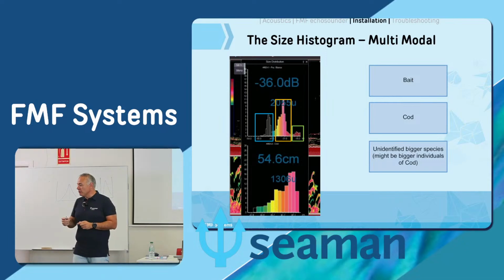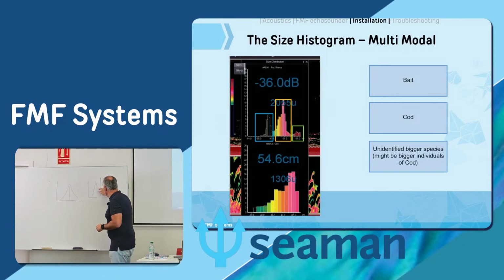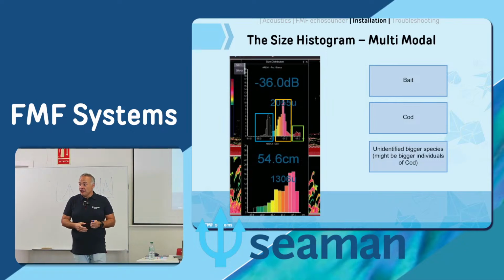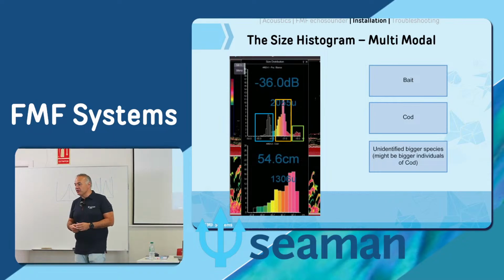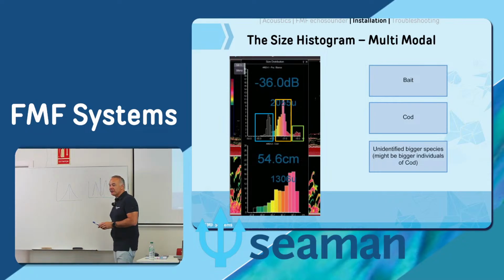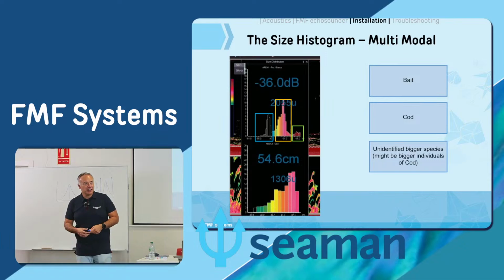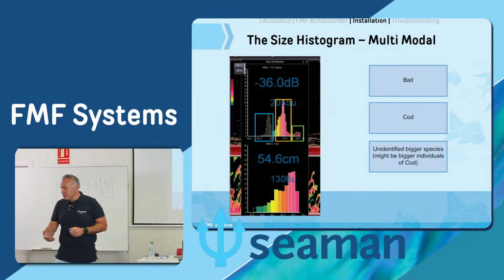Then you will tell, okay, this is bait, and here is your fish, put the lines here, and you will have a good result. If the client wants more precise information, if he wants to perform a better measurement because he wants to apply the correct constant to the formula, then you offer the client the species package.